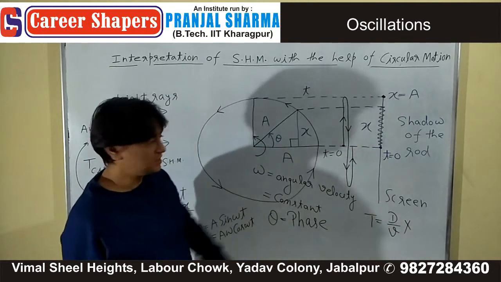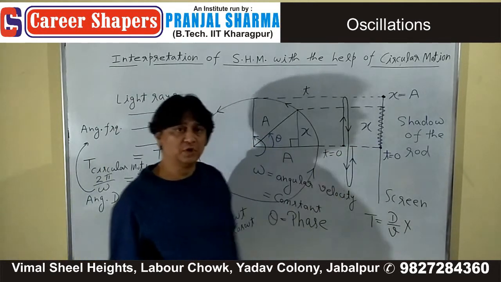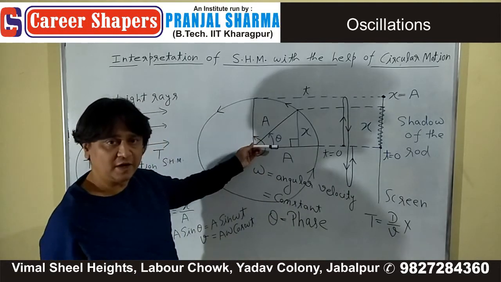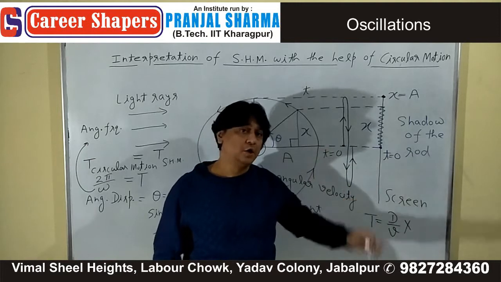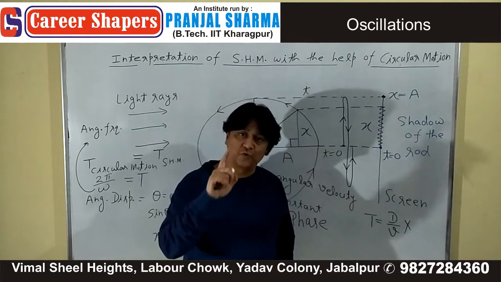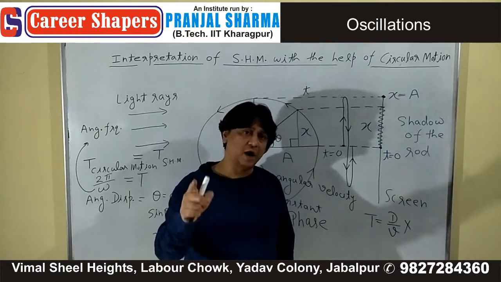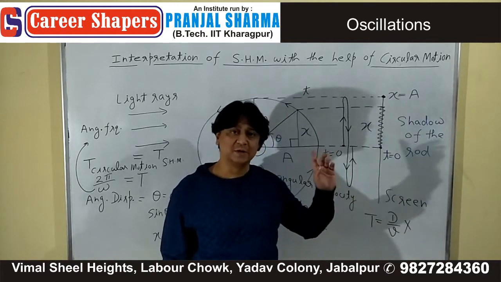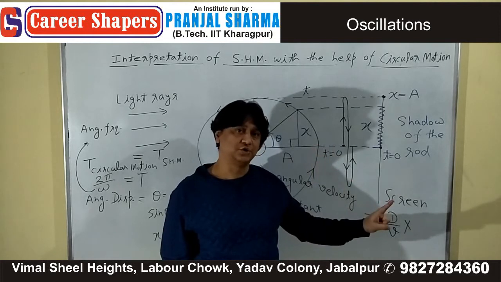What is the phase over here? You will say that phase is 360 degrees or 2 pi. So once you say that the phase of the object is 2 pi or 360, it means the object has completed one oscillation.